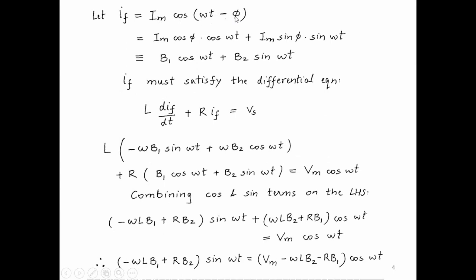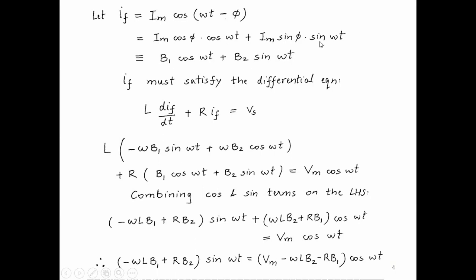It could be plus, it doesn't matter. This is a general form of IF, and we can expand cos(omega t minus phi) as Im cos omega t cos phi plus Im sin phi sin omega t, and I'm defining Im cos phi as some b1 and Im sin phi as some b2.